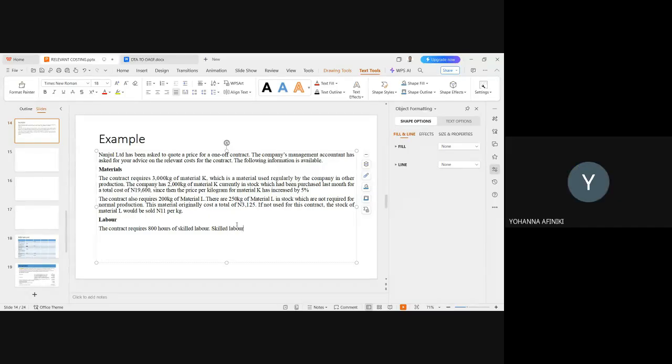Skilled labor is paid at 9.50 per hour. There is a shortage of skilled labor.